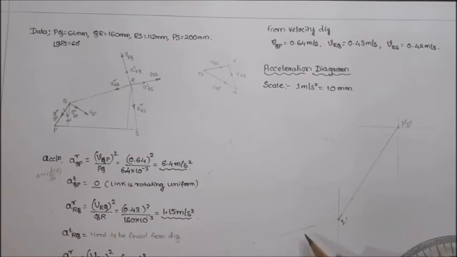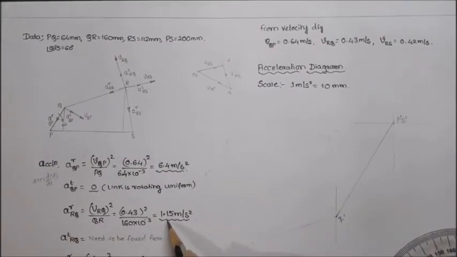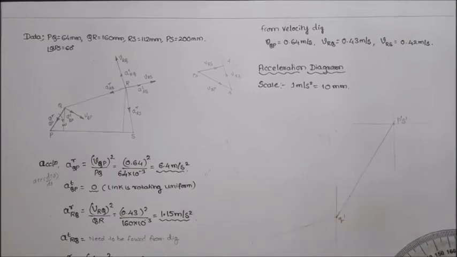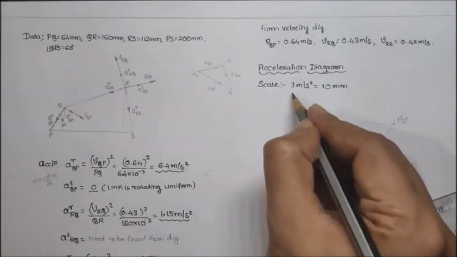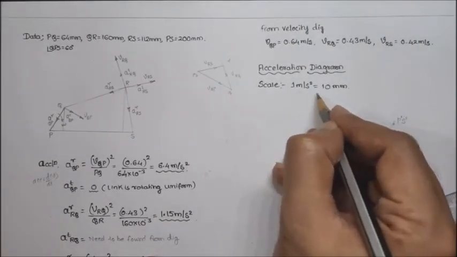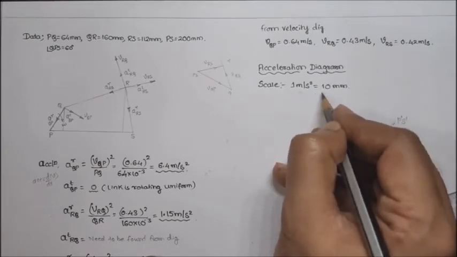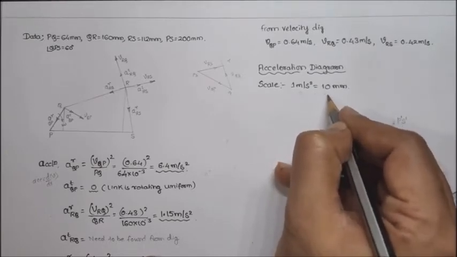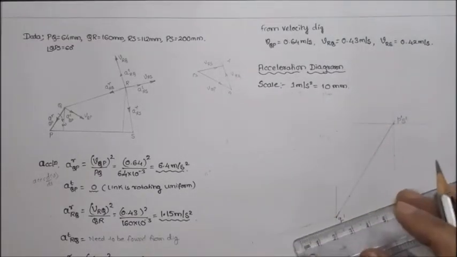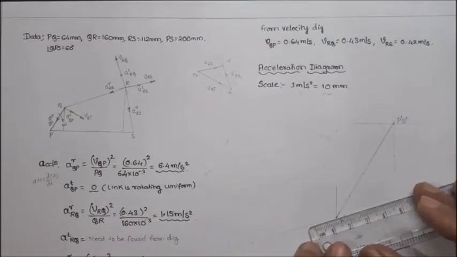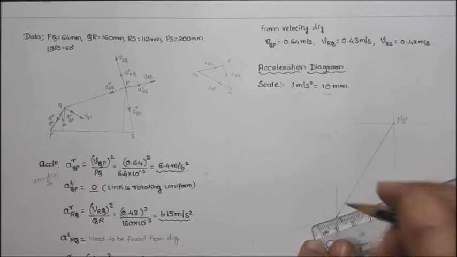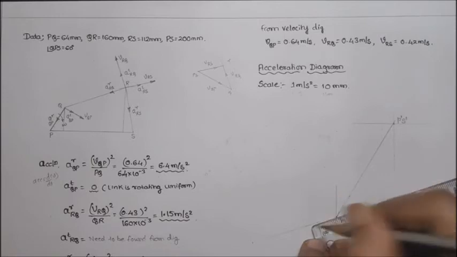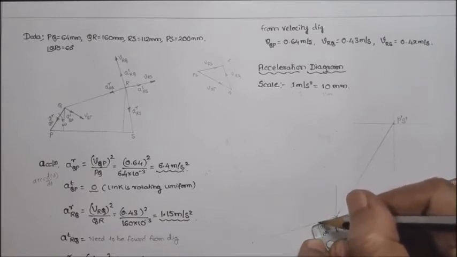We know this direction. The magnitude of this one is 1.15 meter per second square. For this scale, 1.15 means it is near to 11 mm. So from here we'll measure 11 mm.